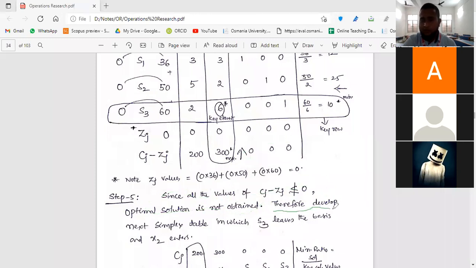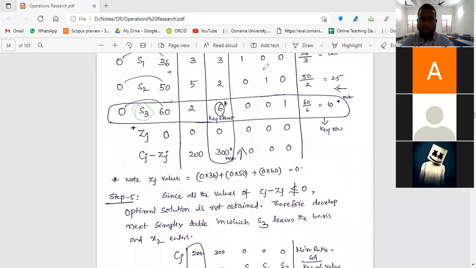So we need to develop the next simplex table in which S3 leaves the basis and X2 enters. That means in the next table there is no S3; you will find X2 here.